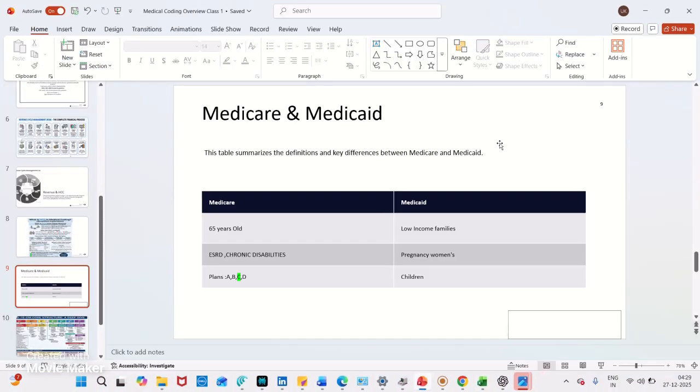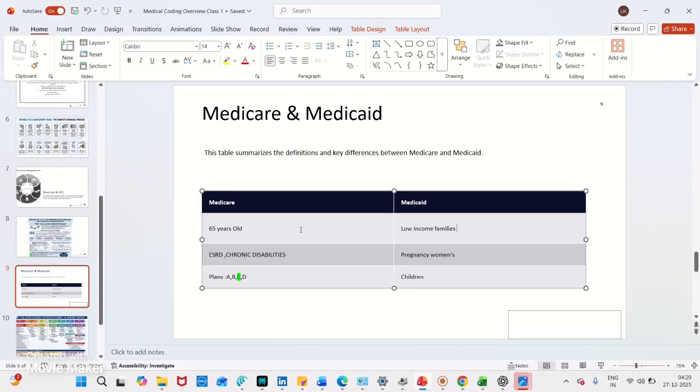Next, Medicare and Medicaid. In the United States, Medicare and Medicaid are two major health insurance programs. So what is Medicare and what is Medicaid?